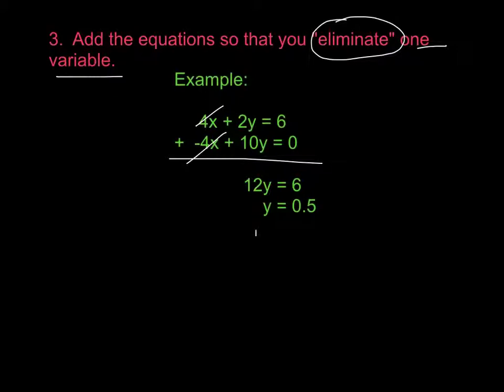So when I solve for y, I get y equals a half. So the whole idea of multiplying an equation by a number to get opposites was so that this happens, the eliminating phase.